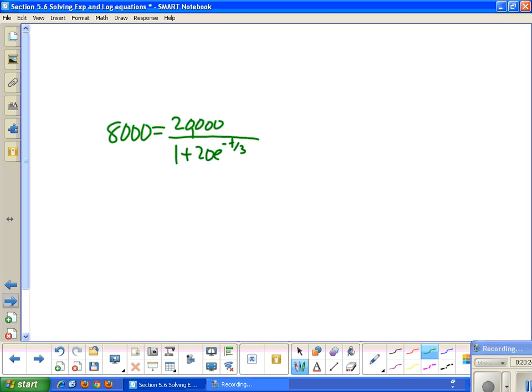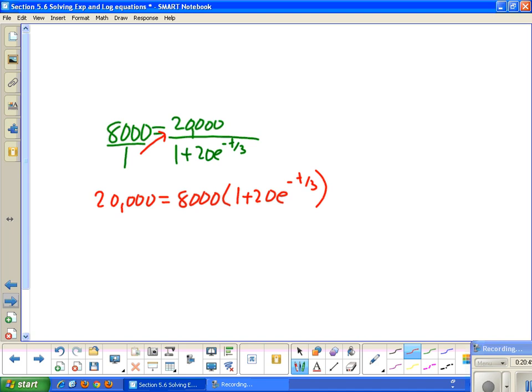If you want to solve a problem like this, where a fraction equals a number, especially since our exponential part is in the denominator, you're going to want to put 8,000 over 1 and cross multiply. So here we get 20,000 equals 8,000 times 1 plus 20e to the negative t over 3 power.